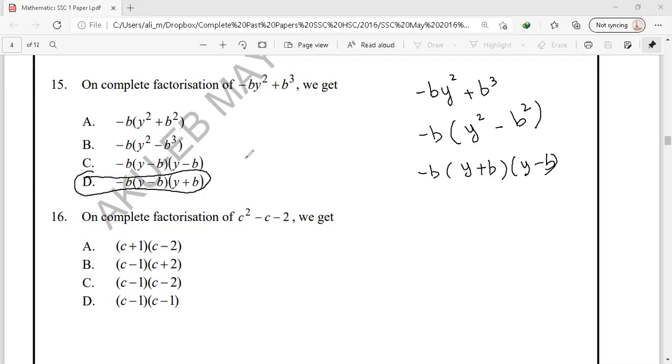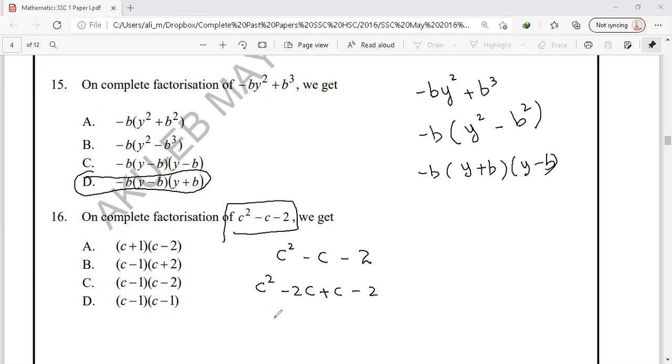Next, we have question number 16, and in this question, we have to factorize this expression by splitting the middle term: c squared minus c minus 2. So, the splitting of this expression would be c squared minus 2c plus c minus 2. So, this is the splitting of this middle term.